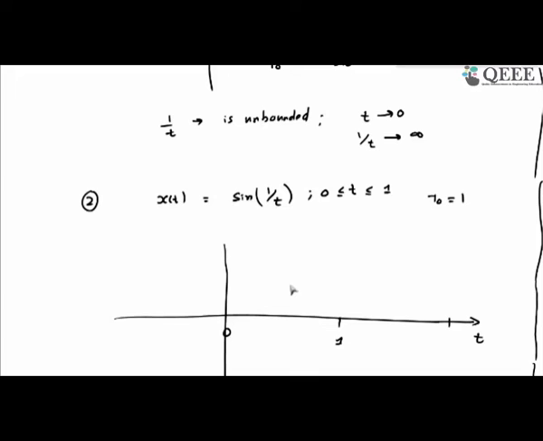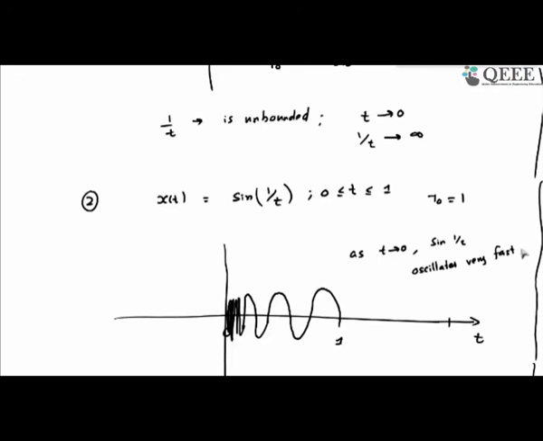Maybe I will erase this and draw. So sine 1 by t, when t is close to 1, it looks like a sine wave, but as t goes close to 0, the frequency gets fast because we are talking about 1 by t, right. As t goes to 0, sine 1 by t oscillates very fast.